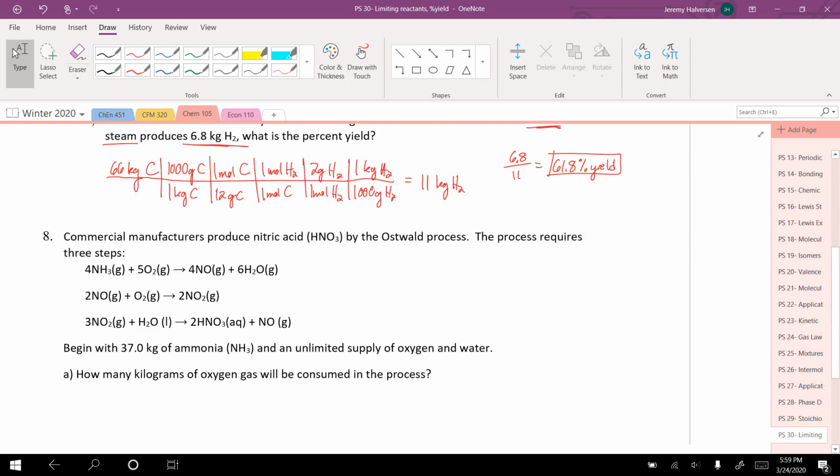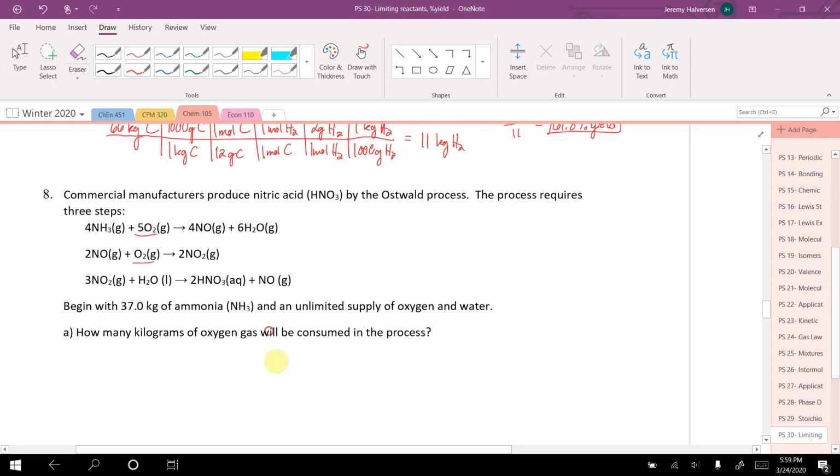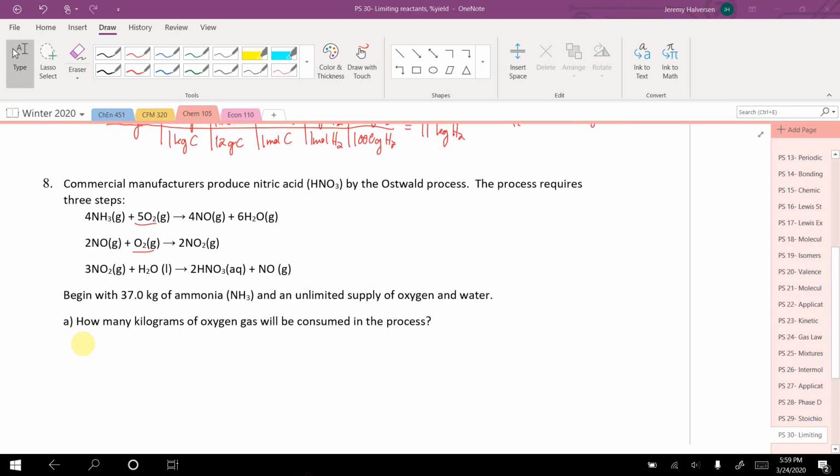So we're consuming oxygen in 2 steps, step 1 and step 2. To find the total amount of oxygen, we need to figure out how much oxygen we consume in step 1 and how much in step 2, and add those together. We start off with our 37 kilograms of ammonia.